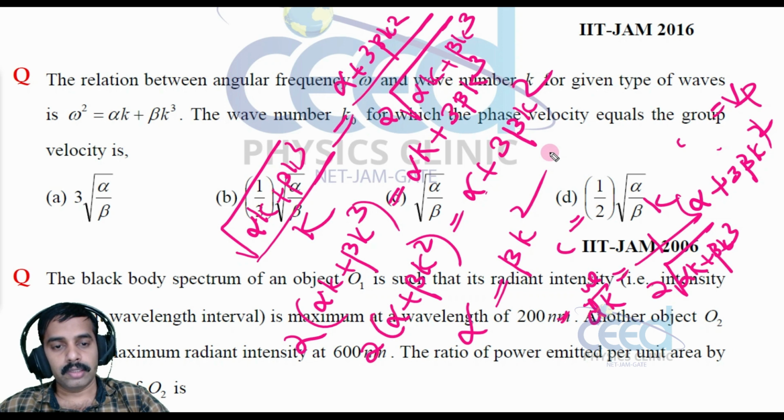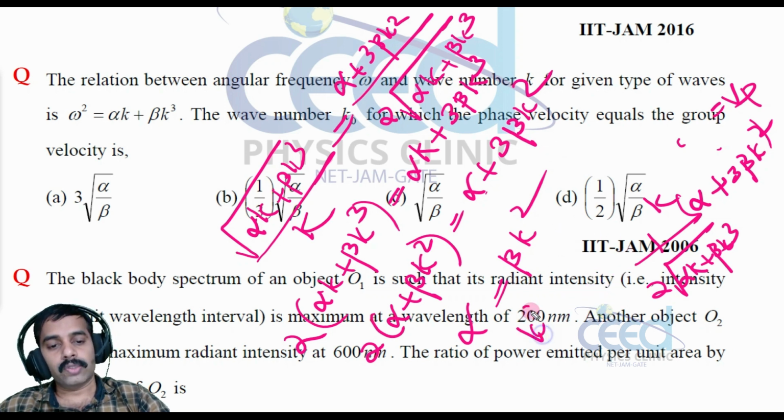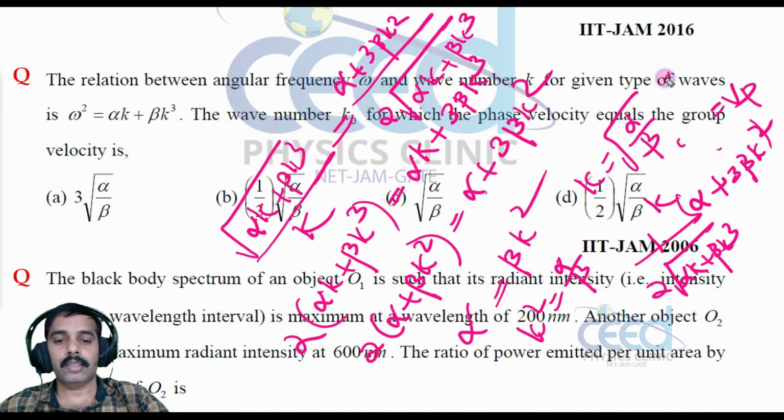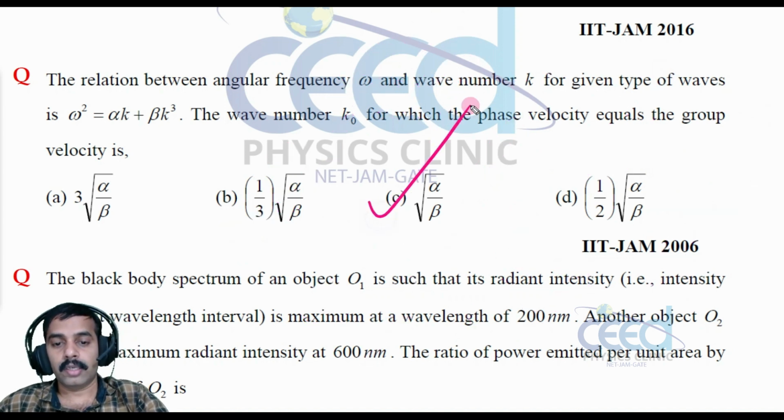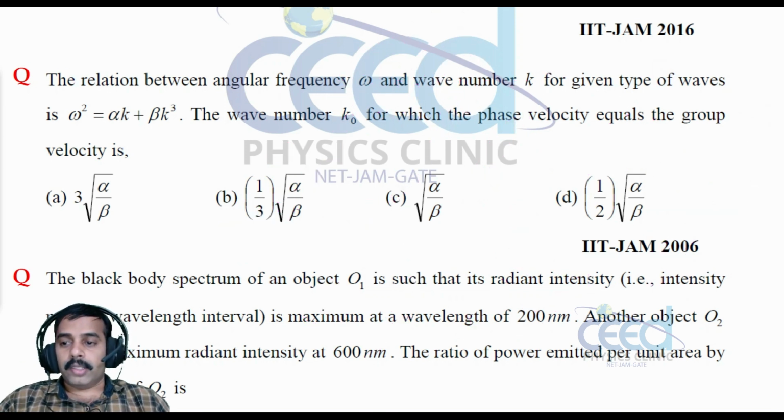All right, so k square is equal to alpha by beta and k is equal to root of alpha by beta. So option C is correct, right? All right, let us come to another problem.